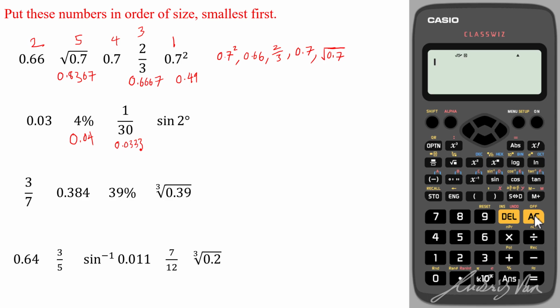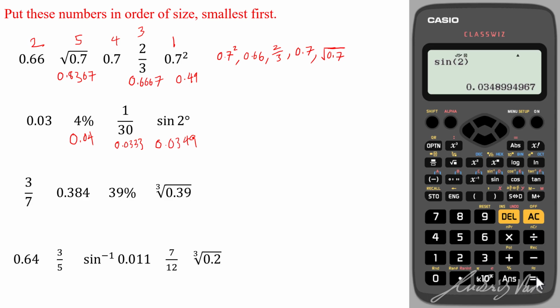Lastly, sine 2 degree. So sine is down here. So we press sine, then 2, you can close bracket or not close, it doesn't matter, equal 0.0349.